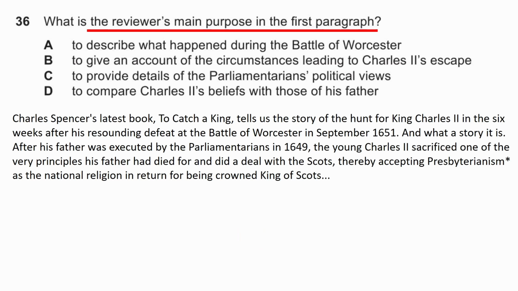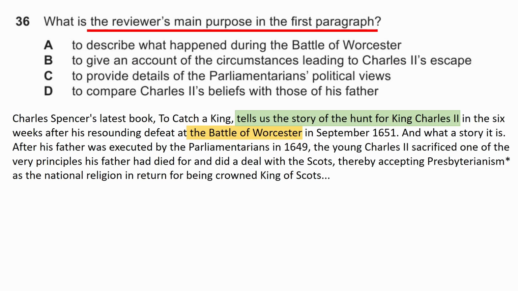So in the first one, we have the Battle of Worcester. We have some information about this in line 2, but this is not the main idea or the main purpose of the paragraph. The main idea of each paragraph is usually presented in line 1 or in line 2. Here in line 1, we have To Catch a King tells us the story of the hunt for the King Charles II.